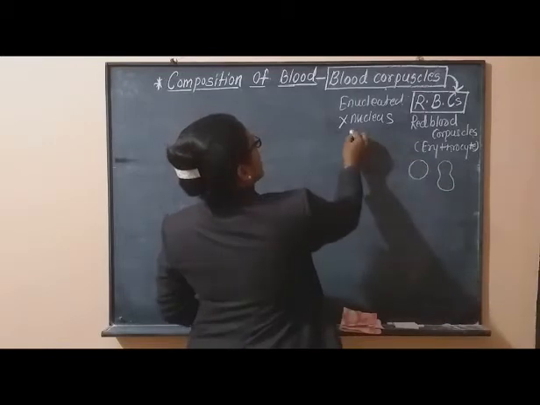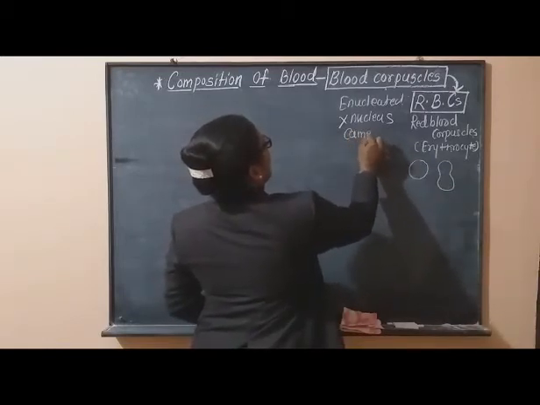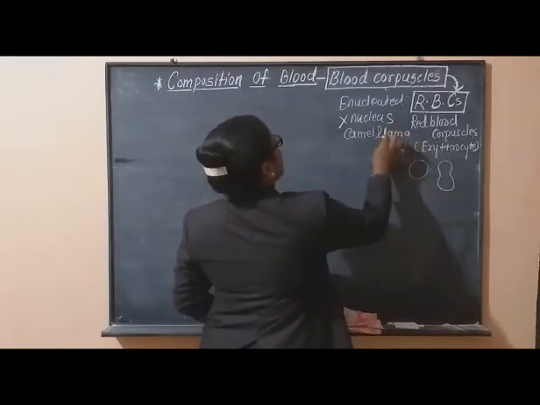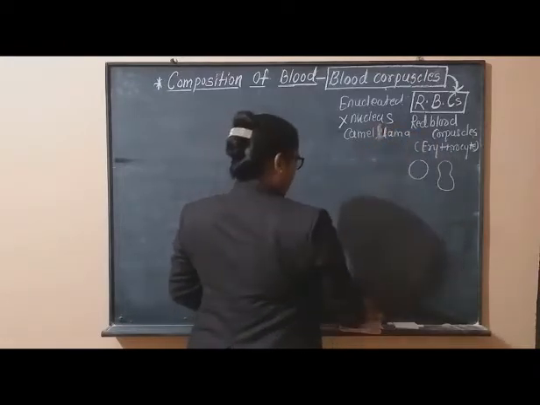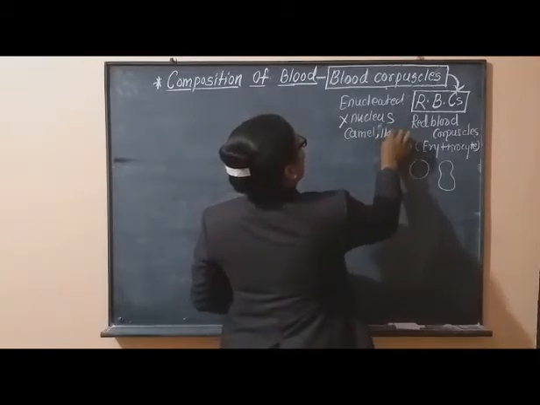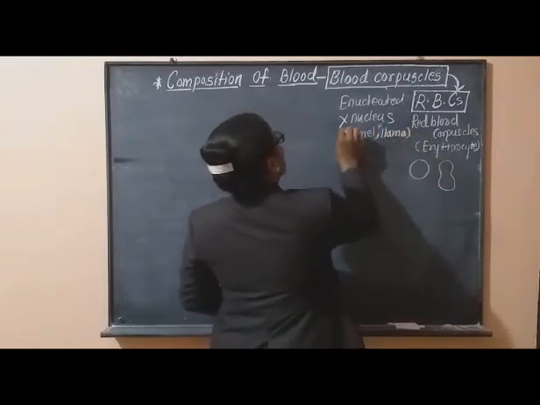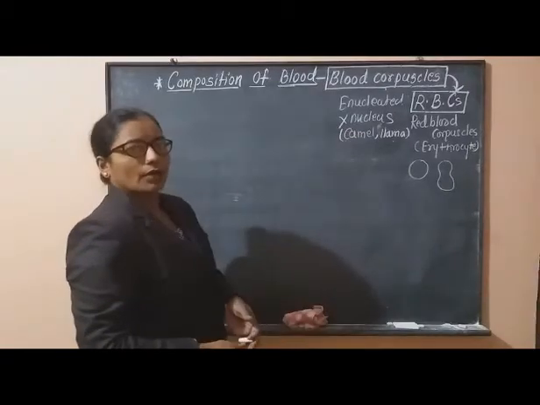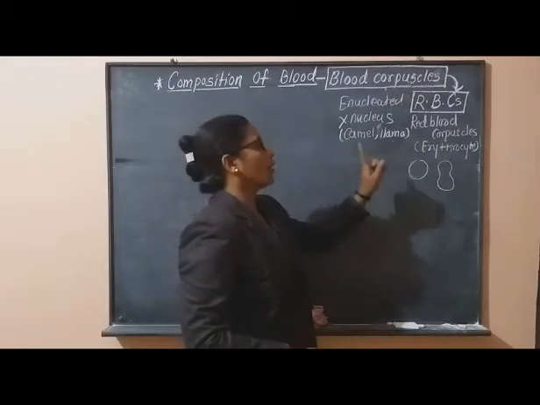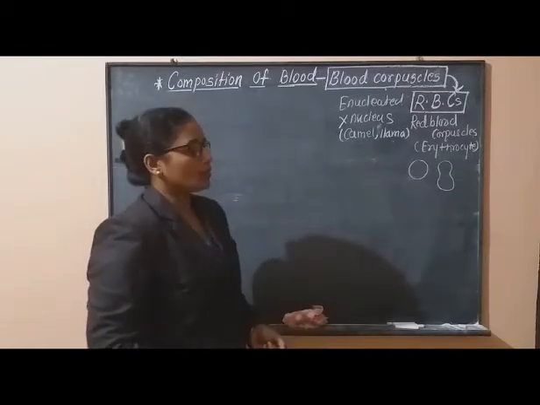But the only exception is the camel and the animal llama. These two animals, camel and llama, have RBCs in the blood which have a nucleus. In case of camel and llama, nucleated RBCs.